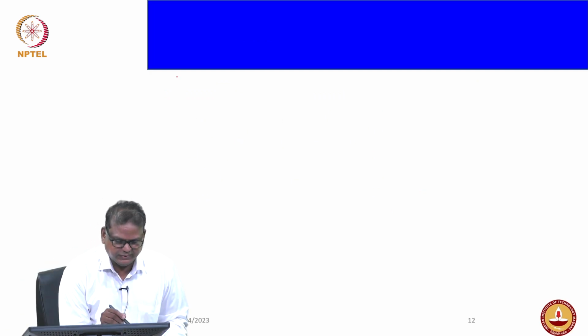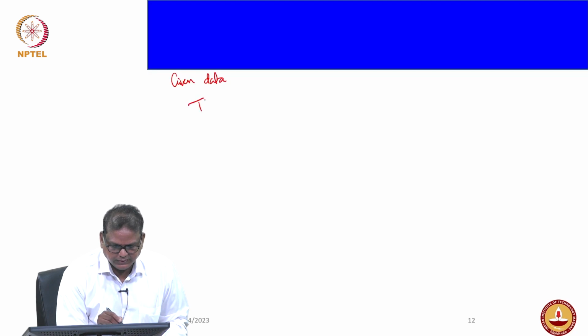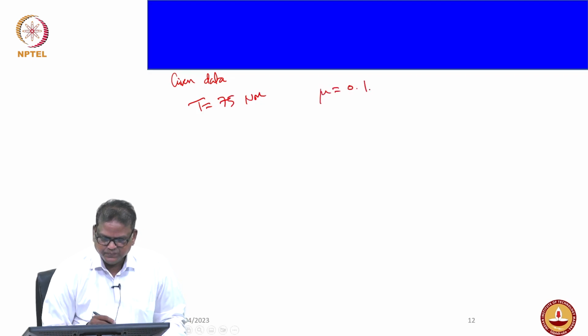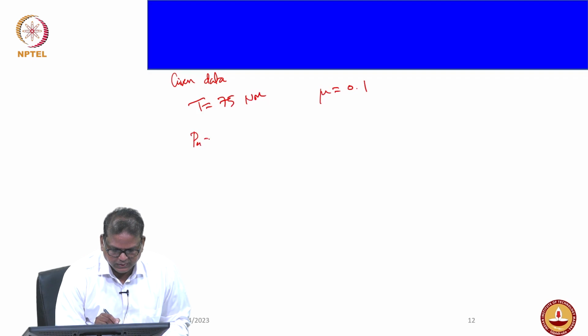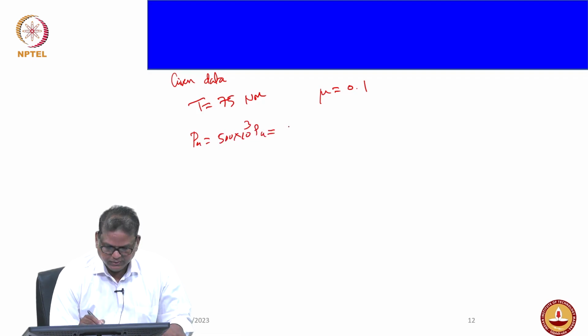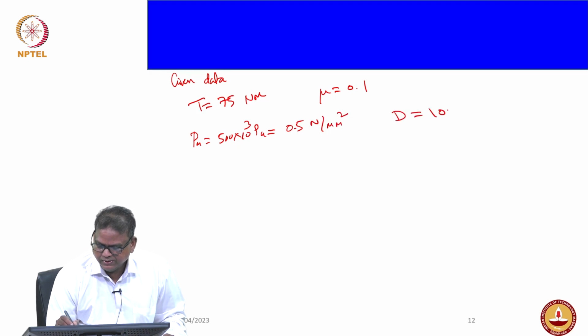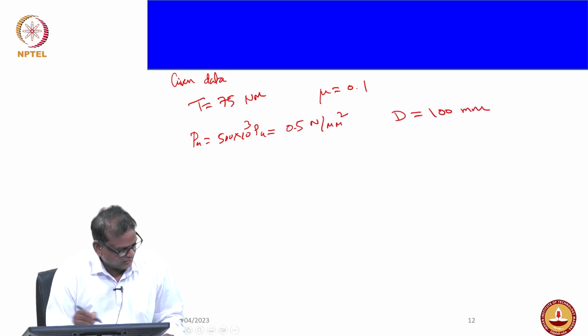Given data: torque 75 Newton meter, mu equal to 0.1, and p_a is 500 into 10 power 3 Pascal, or we can say 0.5 Newton per millimeter square. And D is 100 millimeter.